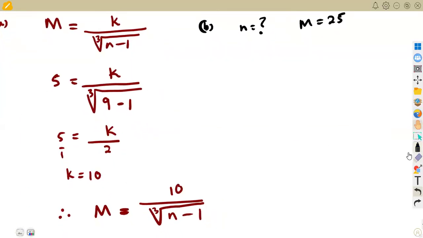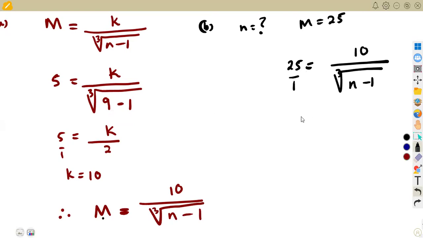Just substituting in place of m, we have m, which is 25, is equal to 10 over the cube root of n minus 1. Remember, we are supposed to find the value of n. So what can we do? This is the same as over 1, so you can cross multiply. That will be 25 times the cube root of n minus 1 is equal to 1 times 10, which is 10.